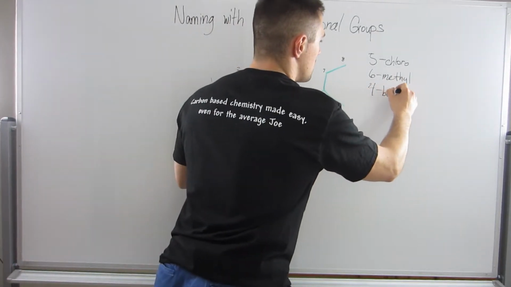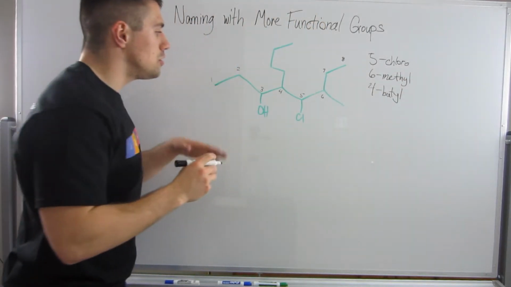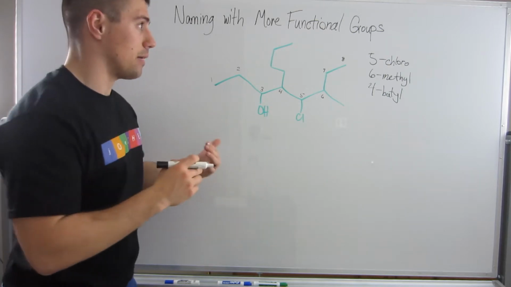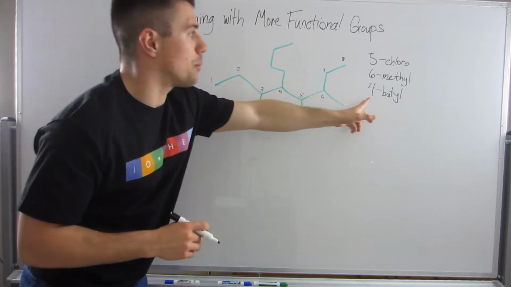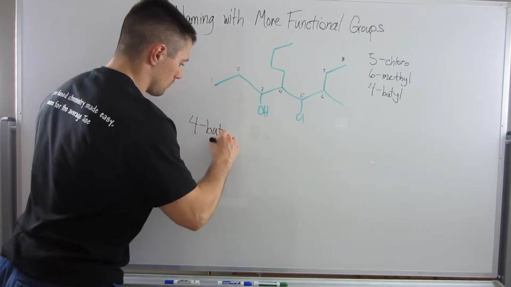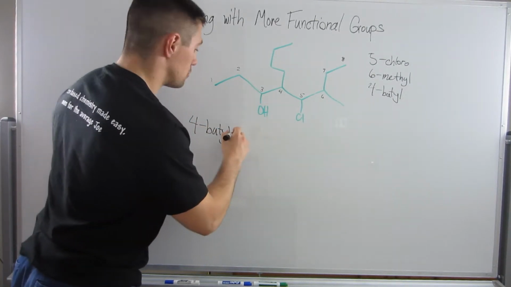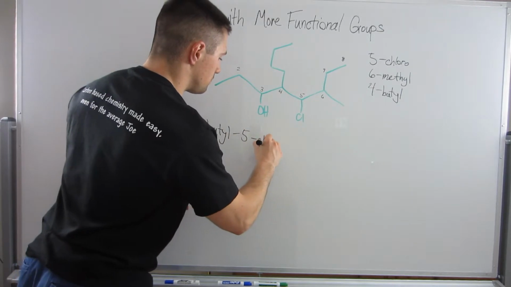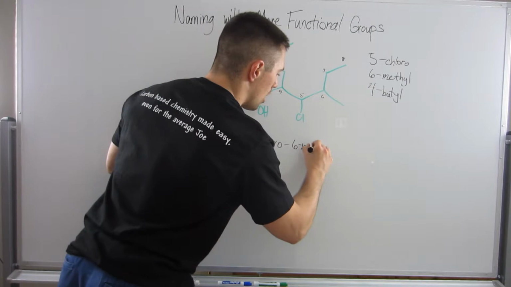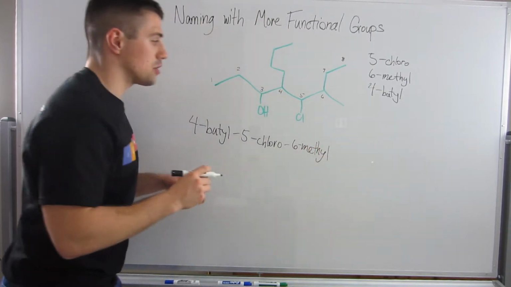Then I'll show you how we incorporate the functional group into our name. We still alphabetize, so my first thing I'm going to write is the 4-butyl. Then dash 5-chloro. 6-methyl.